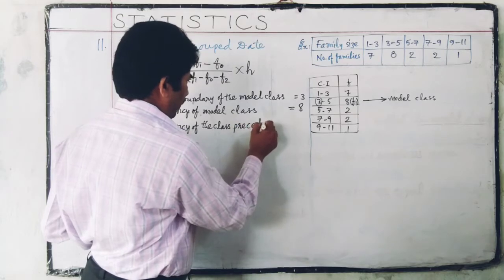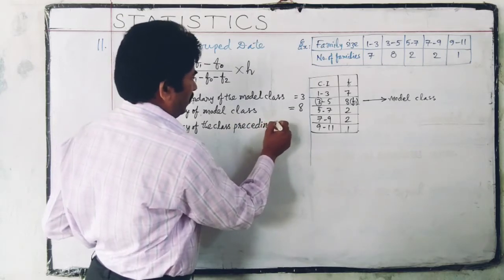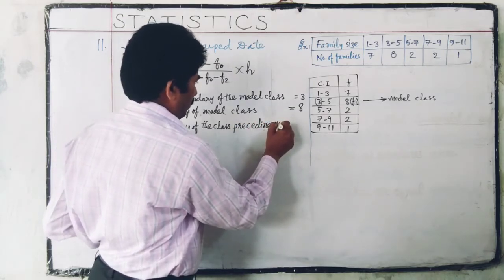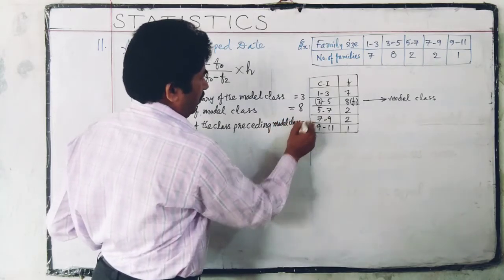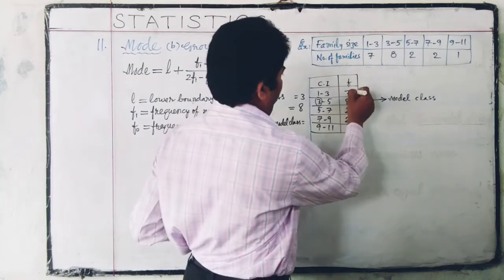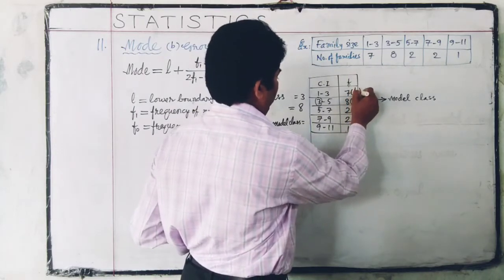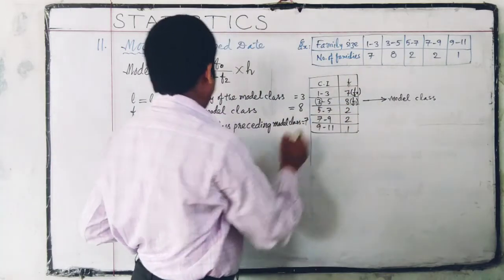Preceding the modal class is 7. So this is F0, 7.